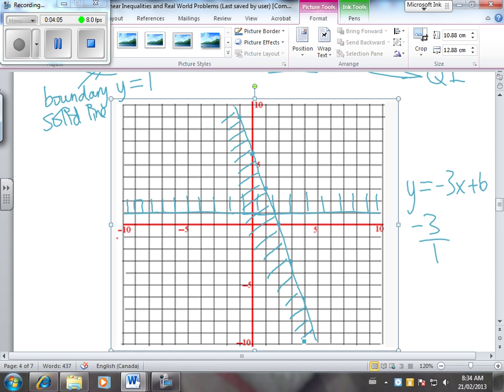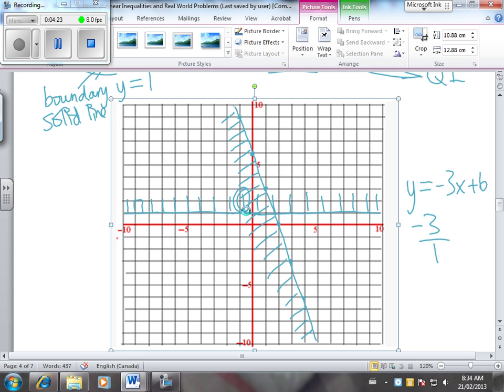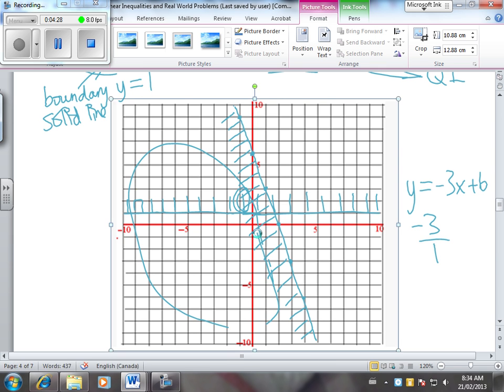Again, we'll put just our hatching in. And then we're going to look for the part where they overlap, and that will be our solution set. And we remember that it has to be positive numbers because we're in all whole numbers. So even though they overlap in these other quadrants, we can't consider that part of the solution set because those are negative numbers.